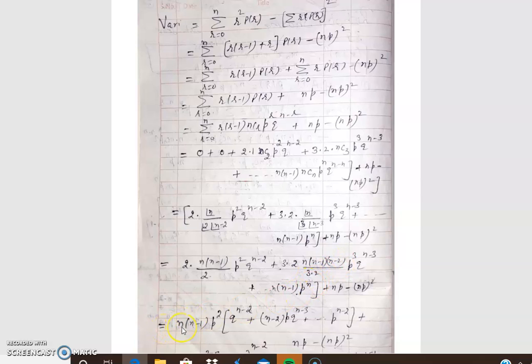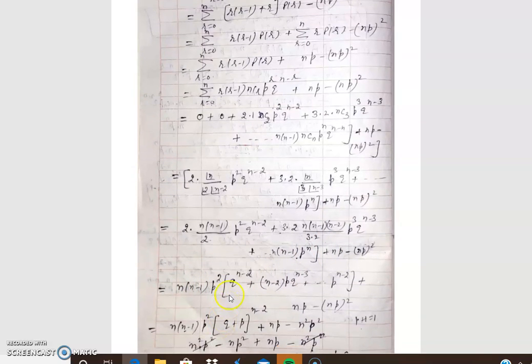Now you can take n minus 1 p square common. So here I am taking common n minus 1 p square. This value is q power n minus 2 plus n minus 2 p q power n minus 3, and in the last p power n minus 2, plus np minus np whole square as it is.